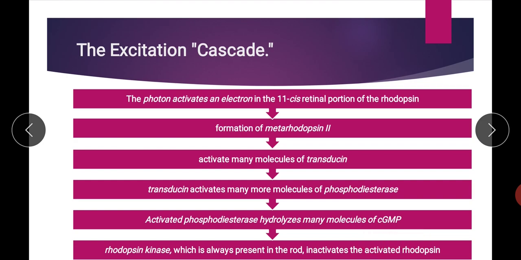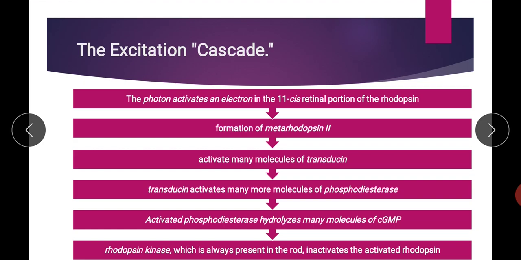So this meta-rhodopsin II is inactivated by rhodopsin kinase, and after some time the resynthesis, or reformation, of rhodopsin starts, in which all-trans retinal is converted into 11-cis retinal, by either of two pathways, directly or indirectly, and then it combines with the scotopsin to form rhodopsin.